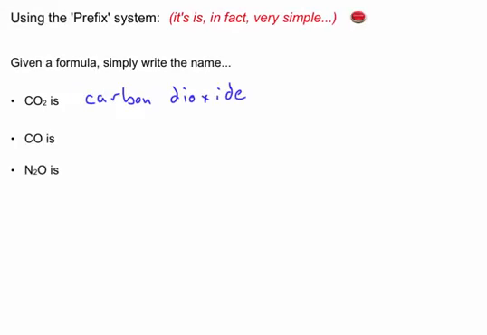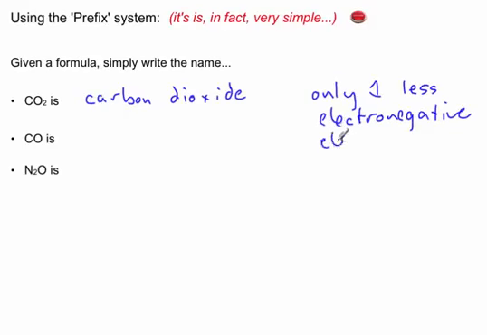Now notice, we don't put a prefix in front of the carbon here. When there's only one of the less electronegative element, or first element, no prefix is used.